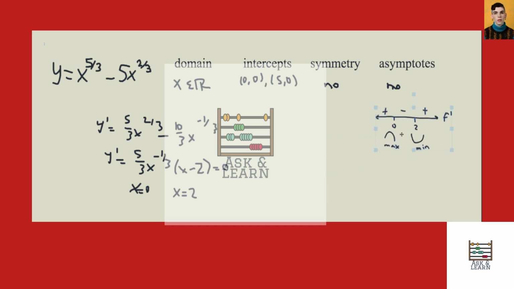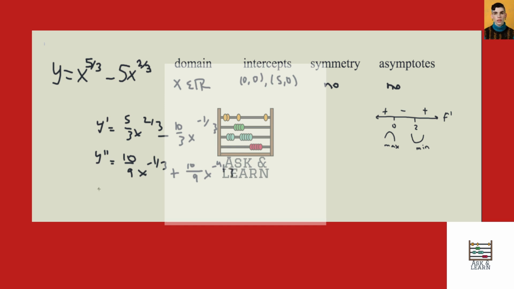Next, we're going to test for concavity. So if we already have our first derivative, now we can find our second derivative. Y double prime is equal to (10/9)x^(-1/3) + (10/9)x^(-4/3).